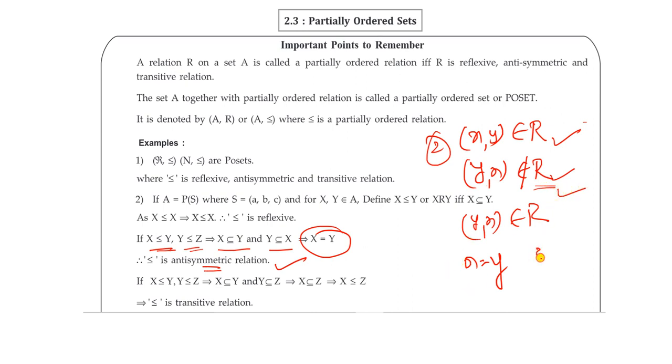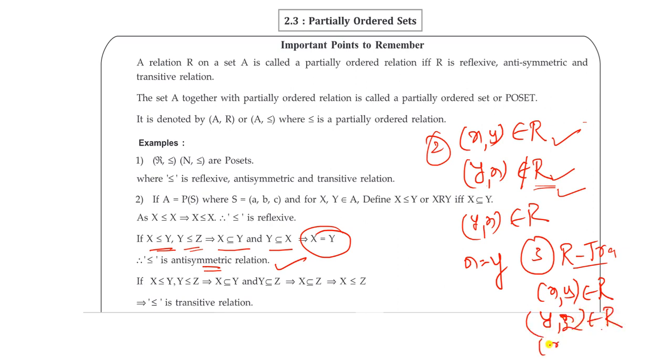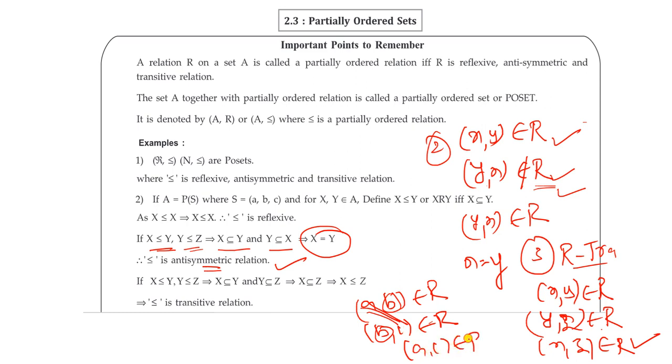Okay, and next the third one, R should be transitive. That means (x, y) belongs to R, (y, z) belongs to R, then we can say that (x, z) also belongs to R. Then we can say that R is transitive. Similarly, (a, b) belongs to R, (b, c) belongs to R, then you just cancel the b's, and (a, c) also belongs to R, then we can say that R is a transitive relation.